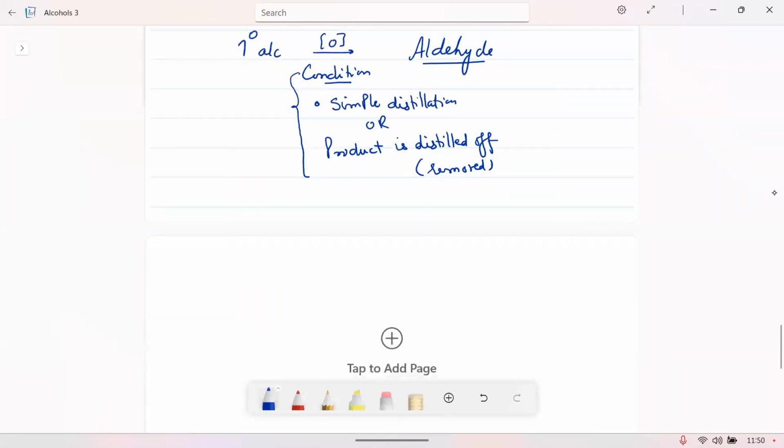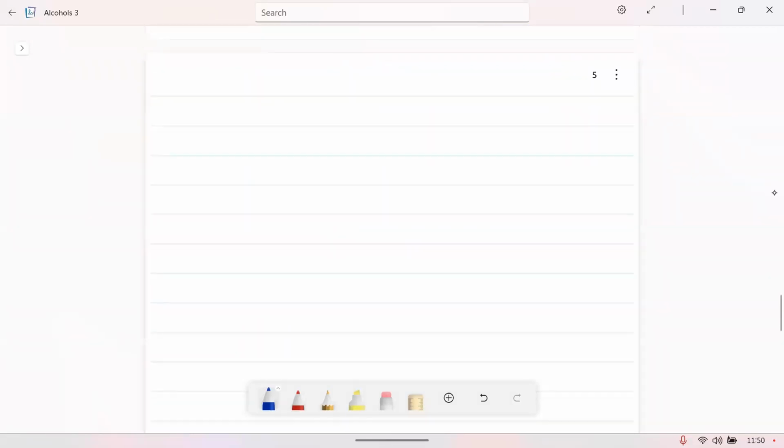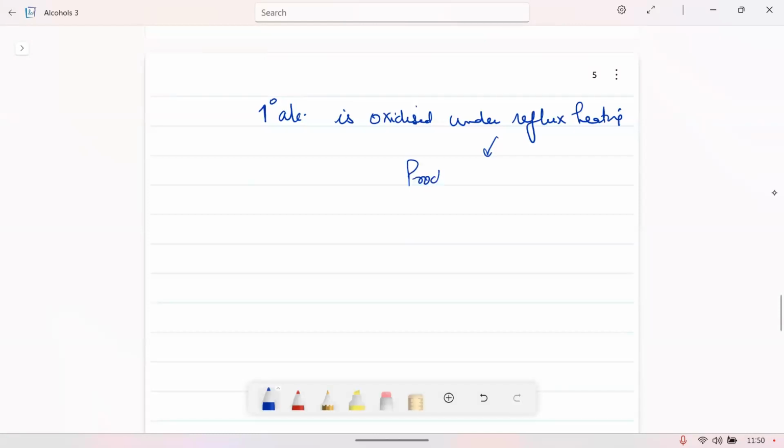But if the examiner says the primary alcohol is oxidized under reflux heating, in that case the product is carboxylic acid.